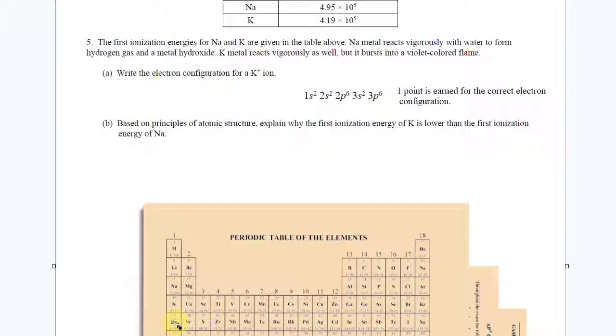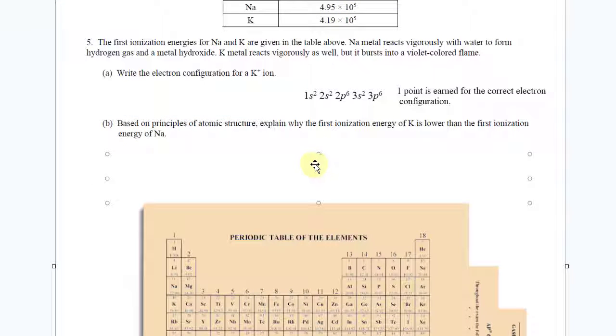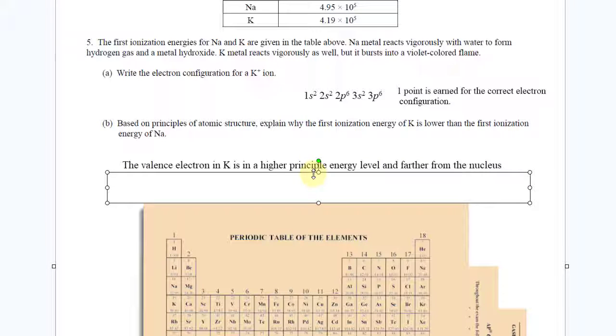It doesn't explain why. When you have an explain, you really have to tell what is the cause of what's happening. You have to explain the chemistry, not just a periodic table trend. So it's important that you indicate why that electron is more easily ionized. Well, I hope you remember and know that the valence electron of potassium is at a higher principal energy level.